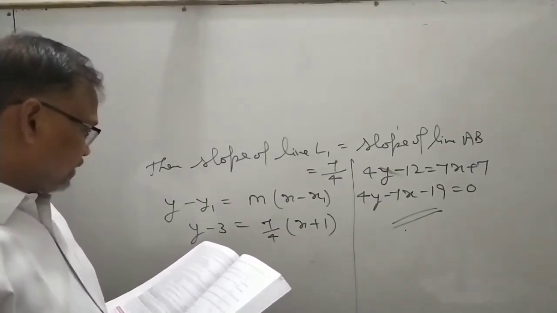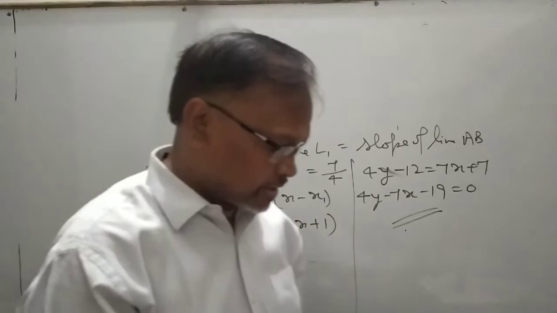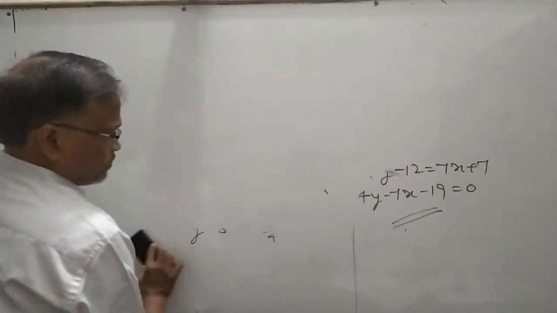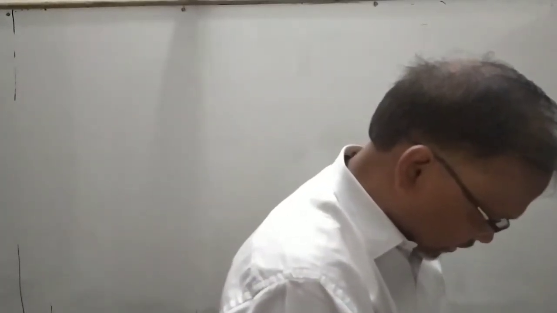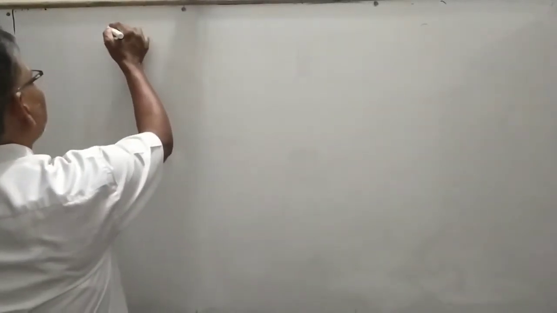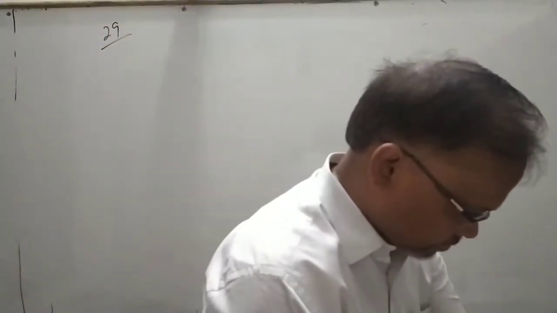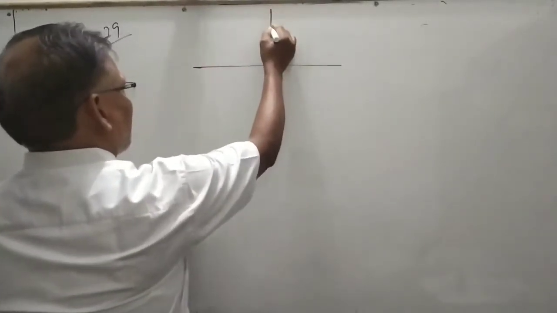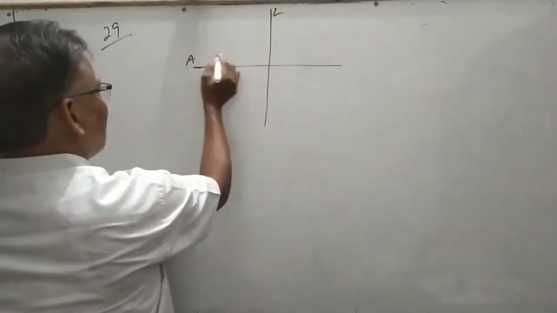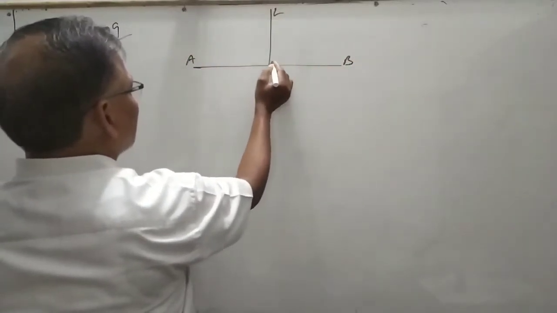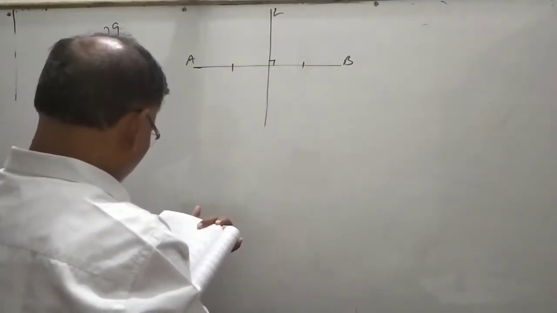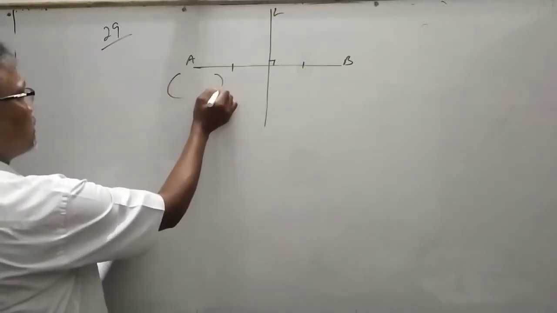In some questions they ask to find the equation of the right bisector of the line segment. Right bisector. Question number 29. Find the equation of the right bisector, meaning this line. This is the right bisector. AB is the line and this bisects it perpendicularly, with points 1 comma 2 and 5 comma minus 6.